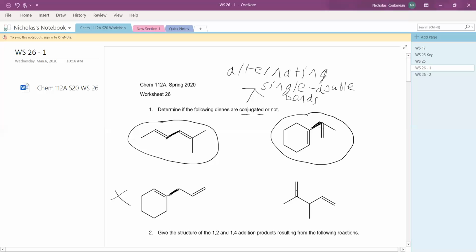And this last one in the bottom right, is that conjugated or not? No, it's not, because there's, again, two single bonds in between the double bonds. I don't know if you'd ask a question like this, but it's good to be able to identify when something's conjugated or not, just so you know when you can worry about all these new things you learned today.